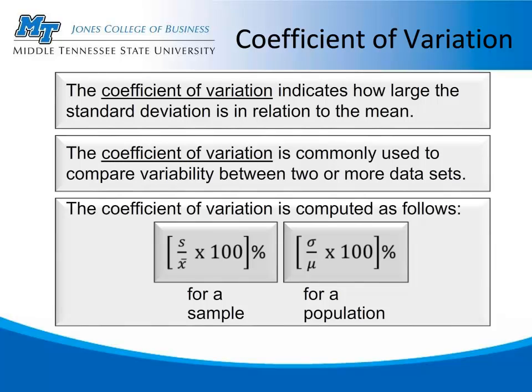Now, you don't want to take the variance for one set of data and directly compare it to the variance for a different set of data. Likewise, you don't want to do that comparison on the standard deviations. If you have different units, you're going to get wildly different values.